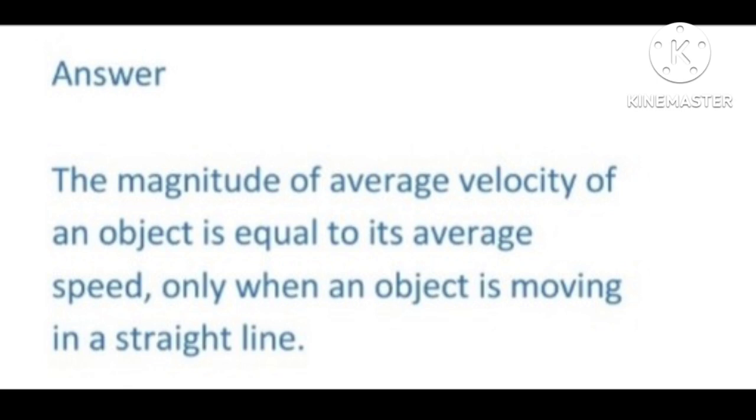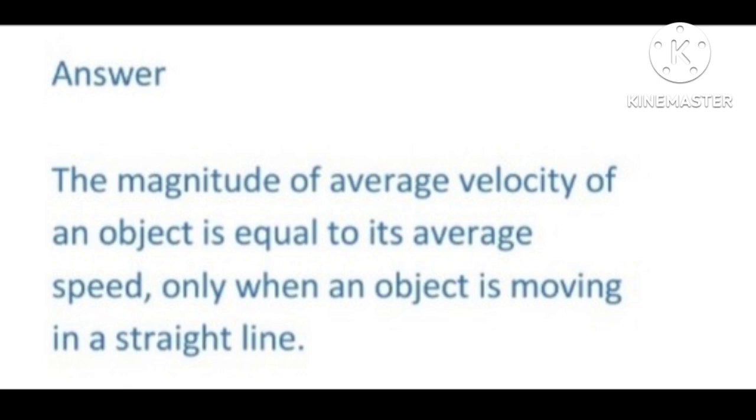So, to get the same average speed and average velocity, the distance and displacement should be the same. What is the condition for getting same distance and displacement? We know that when the object travels in a straight line, both distance and displacement will be the same. In such a case, average velocity will be equal to average speed.